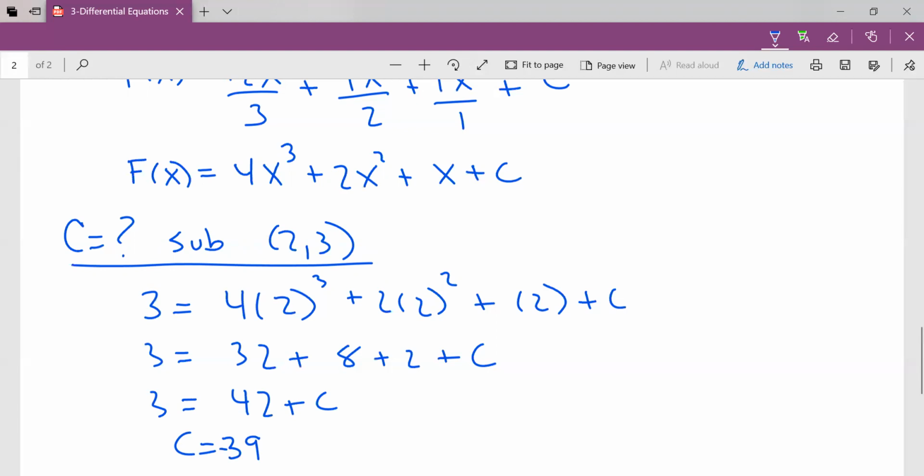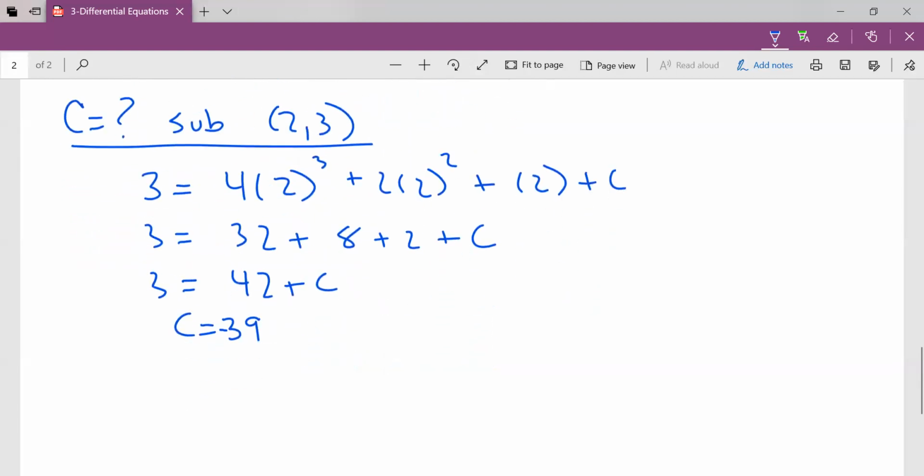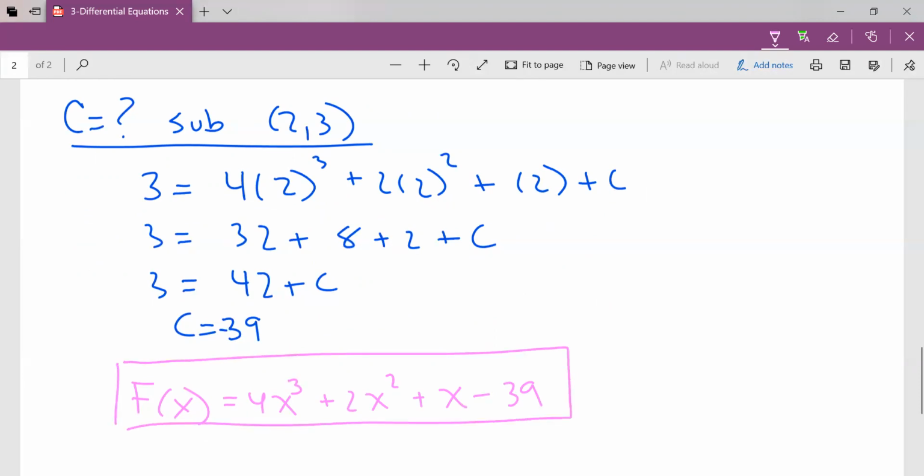So what was the curve that we were looking for? Well, the curve that we were looking for then was this. And let's do it in hot pink because we don't have enough hot pink in our life. The curve then was 4x cubed plus 2x squared plus x minus 39. And again, you can check your work by taking the derivative of the antiderivative, which has to give you that original function.